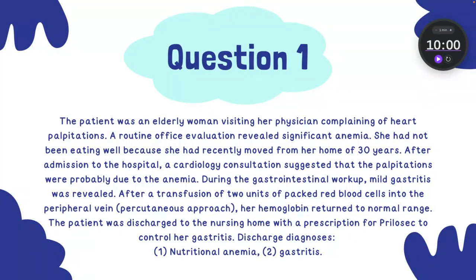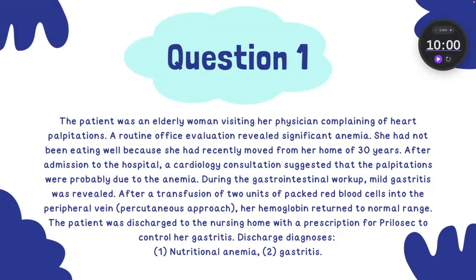So the palpitations were the reason for the admission. The underlying cause was determined to be anemia. So let me just pause for a second. On the claim form, the UB04 claim form that is used to bill for inpatient services, there is a field that we use to enter the admitting diagnoses. But what I want you to remember, the admitting diagnoses and the principal diagnoses may not be the same.